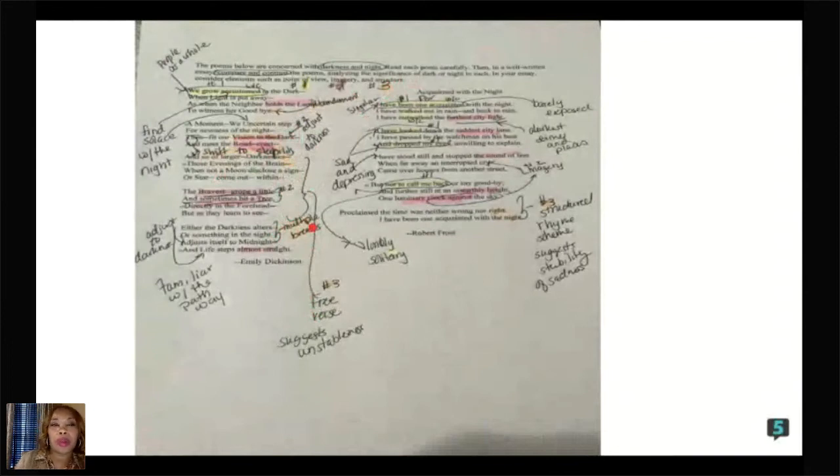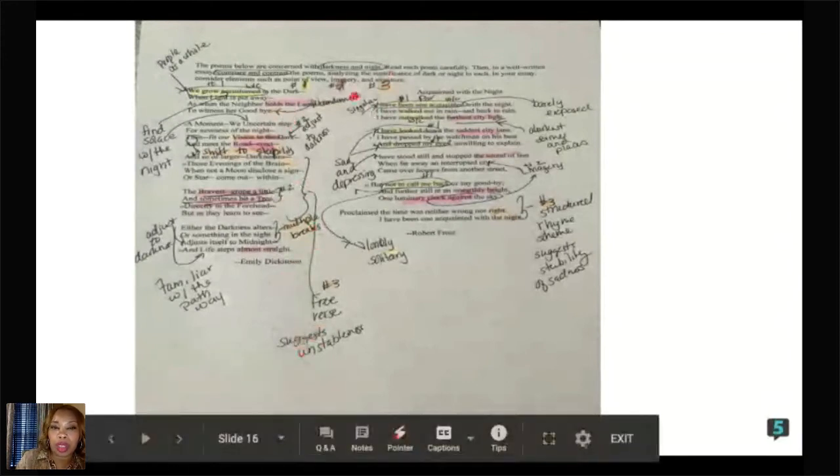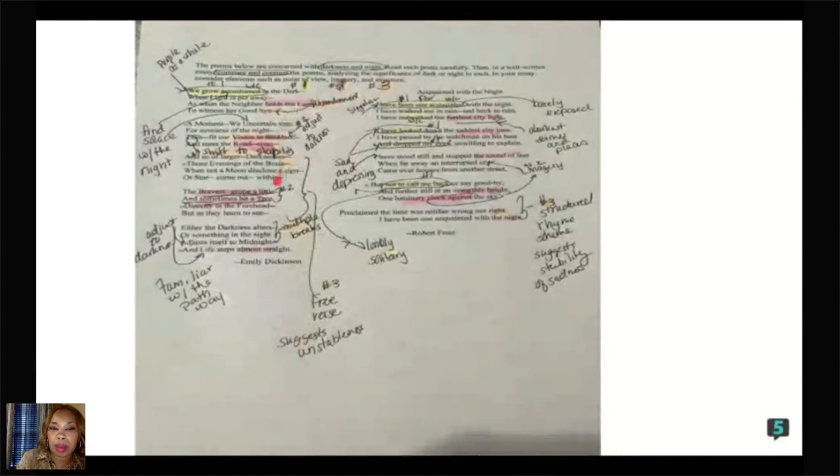Free verse poems, have you all had to write those or have you studied any free verse poems? Well, if you've had to study them, you know they don't follow any distinctive pattern of rhyme or rhythm. So there is no rhythm, so it's unstable. So this unstableness is a part of structure, and if you think about it, it fits this poem appropriately.